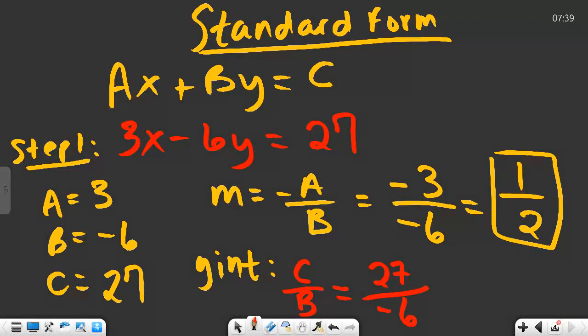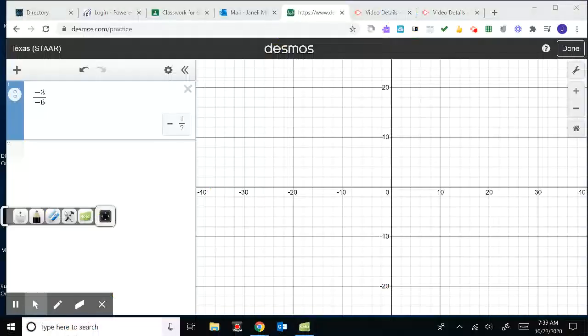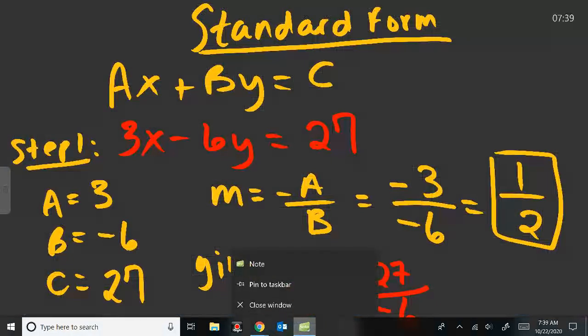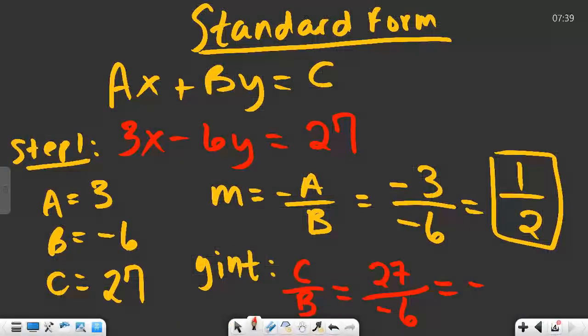Now I'm going to type it into decimals to see if it simplifies. So 27 over -6. If I click on this button, it simplifies the fraction. So my fraction is actually -9 over 2.